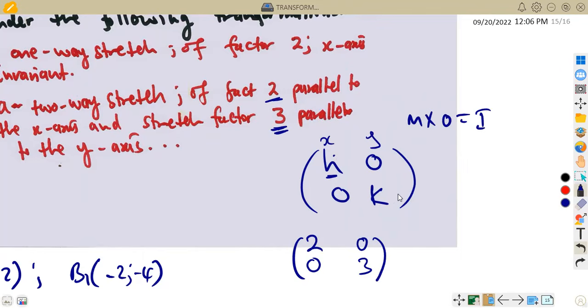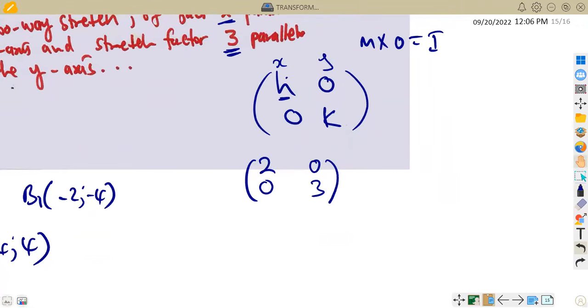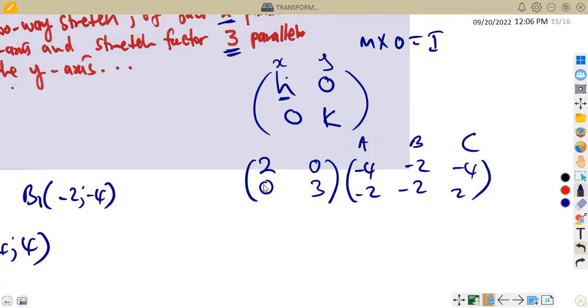Okay, so this matrix that we have, we multiply to the object now. Matrix times object, the object we take as it is. It was A, B, C, which is minus 4, minus 2, minus 2, minus 2, minus 4, 2. So that's it, guys. You multiply everything. So you're going to obtain something like -8, -4, -8, -6, -6, 6.